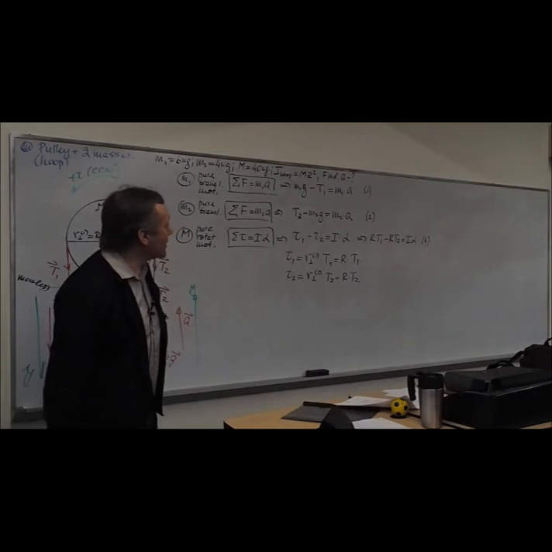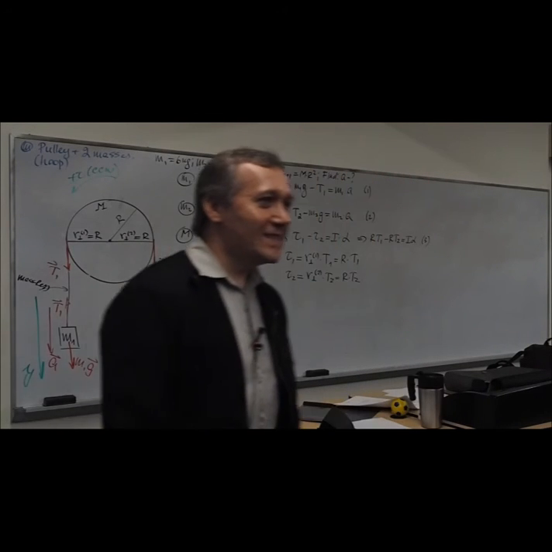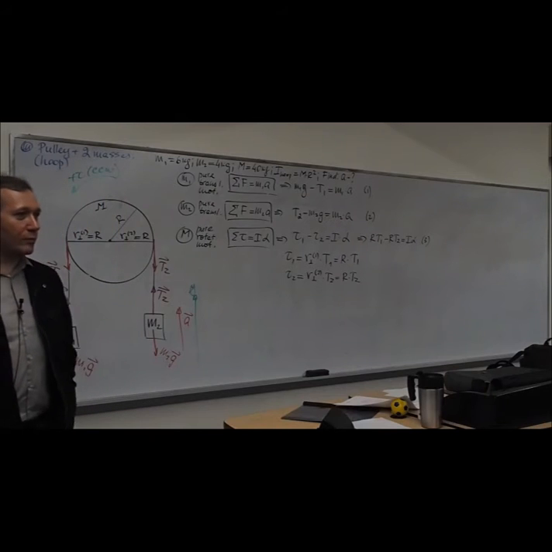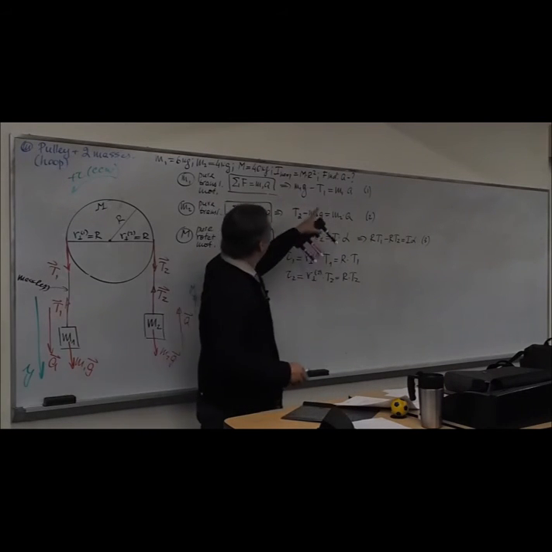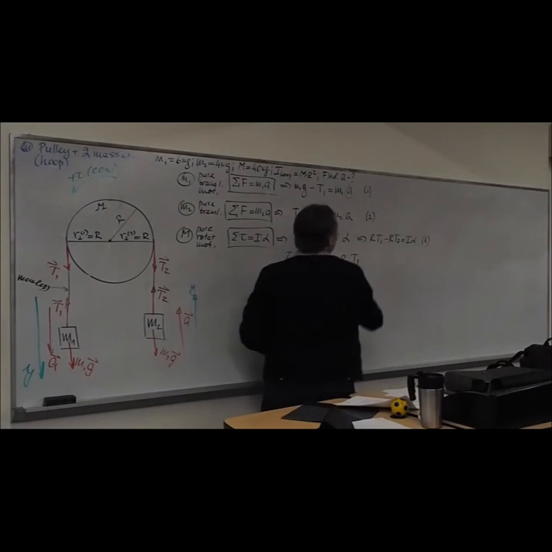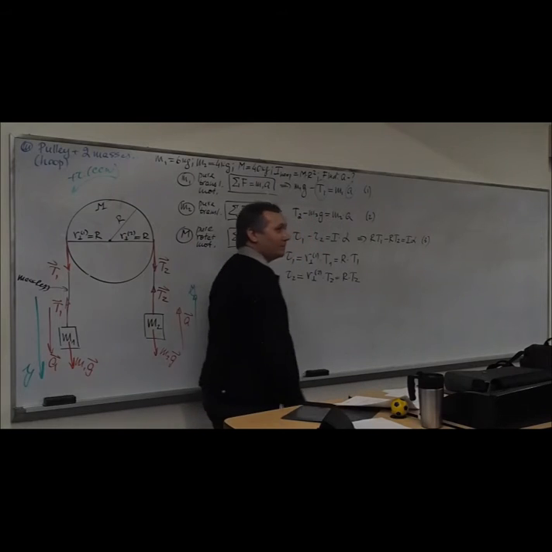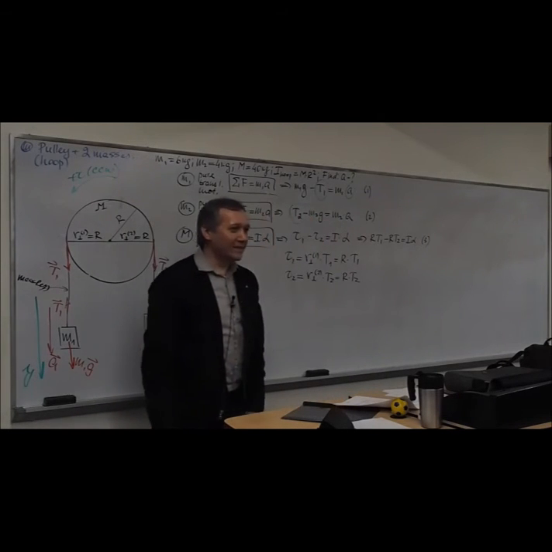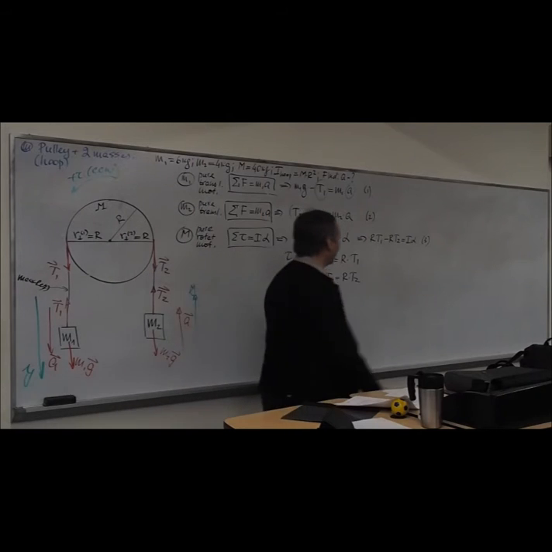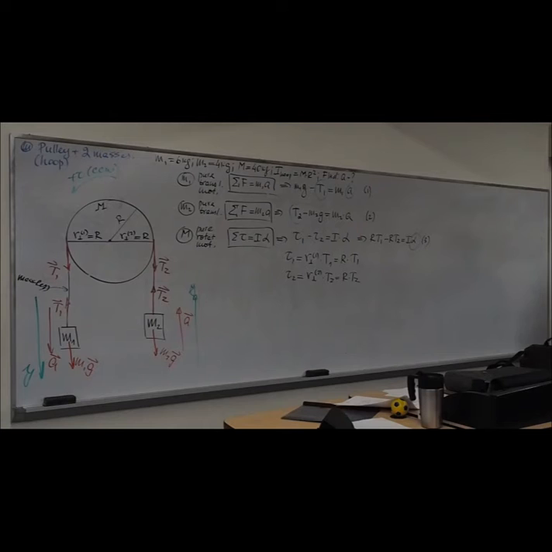Now, in these 3 equations, how many unknowns do we have? 2? No, more. Be greedier. First, acceleration. Tension 1. Tension 2. What else? Angular acceleration, alpha. So right now we have 4 unknowns, and a 3-equation system is not complete.